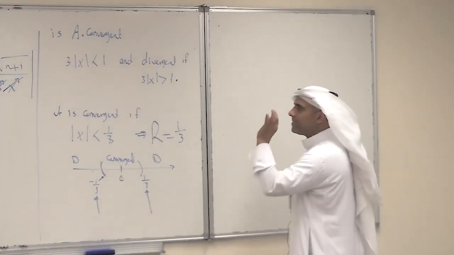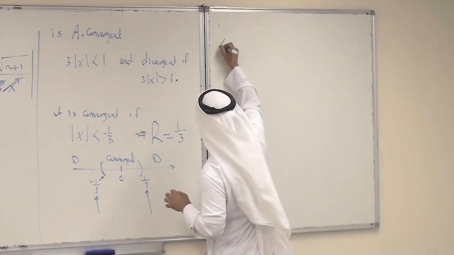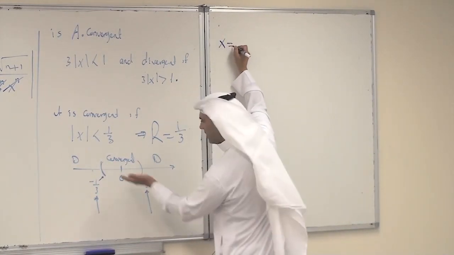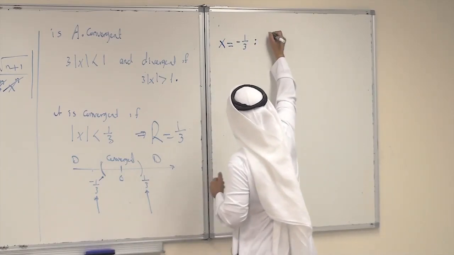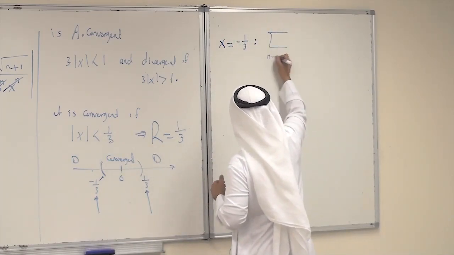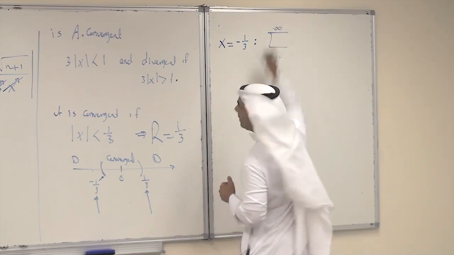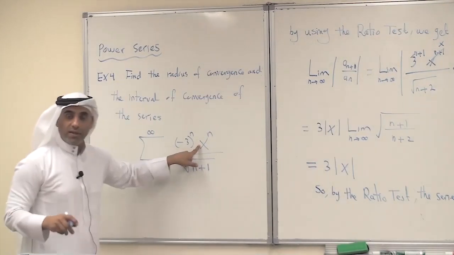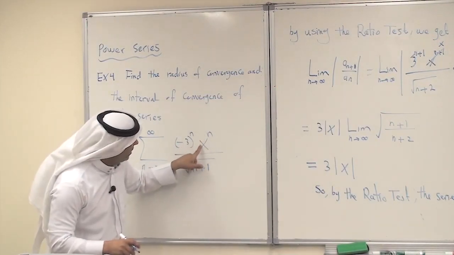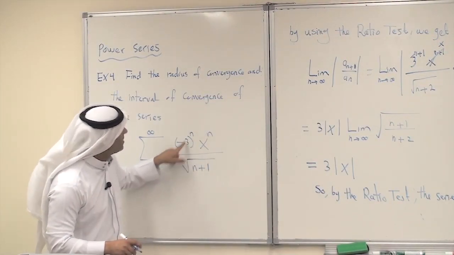Okay, let us see what happened if x equal to, let us start with minus 1/3. What do we have? What kind of series we have? n equal to 0 up to infinity. Fine, let's go and substitute minus 1/3. Minus 1/3 to the power n times minus 3 to the power n.